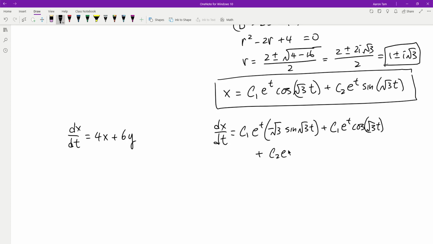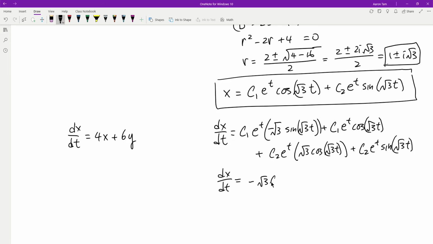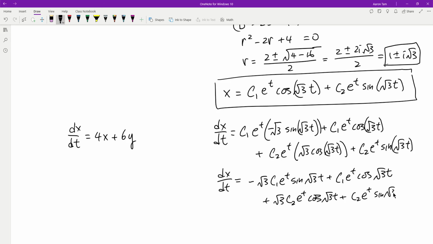So dx over dt is equal to negative radical 3 c1 e^t sine radical 3t plus c1 e^t cosine radical 3t plus radical 3 c2 e^t cosine radical 3t plus c2 e^t sine radical 3t.